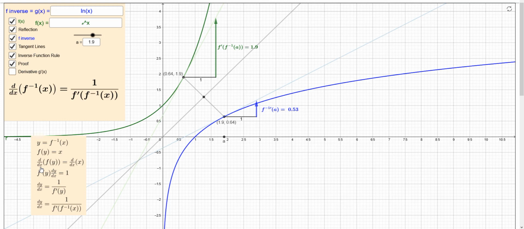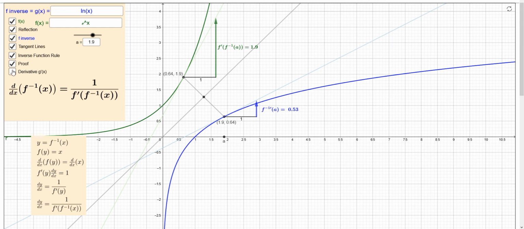We use a substitution rule, or in other words, the chain rule, which says we must multiply by the derivative of the y. Now solving that for dy over dx, which is what we're actually looking for, the derivative over here on the blue graph, we just divide by f prime of y. So the derivative of y with respect to x is f prime, the derivative over here, but evaluated at y, and then reciprocal that. But y, of course, is f inverse of x.